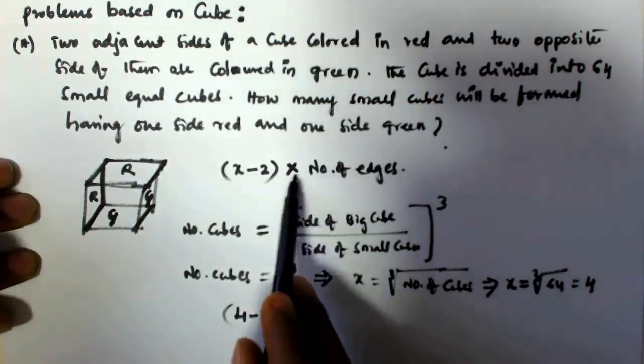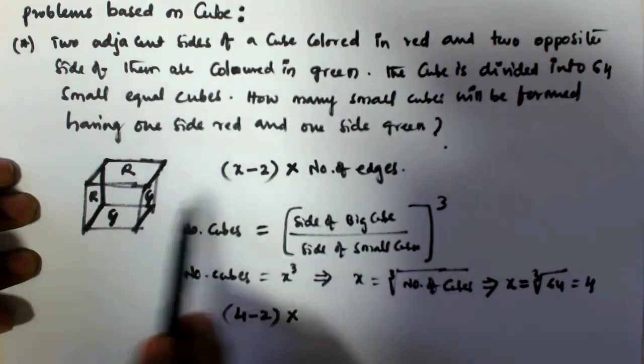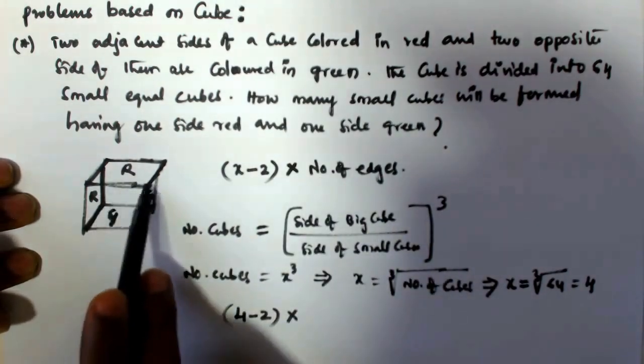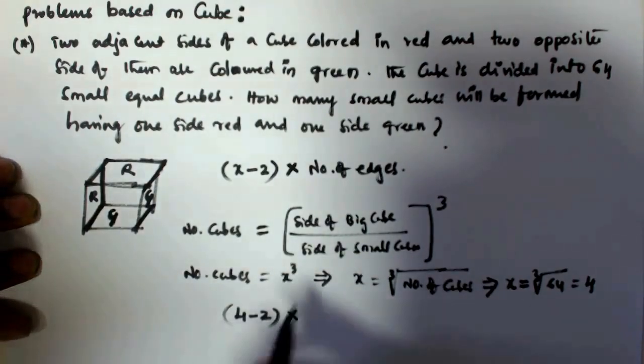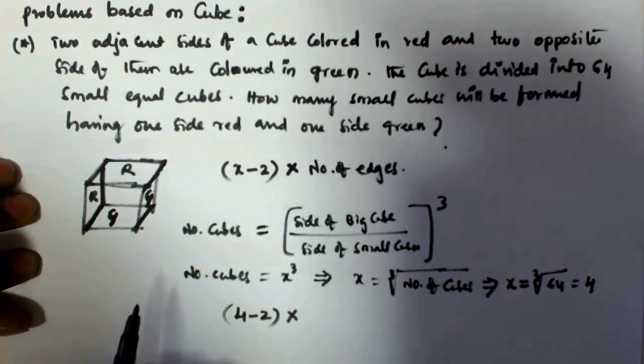In the first problem where I discussed, all the faces were colored green, so that's why we took all the 12 edges. But here only 4 edges are combining these two colors. So that's why we need to take 4 here, only the number of edges combining these two.